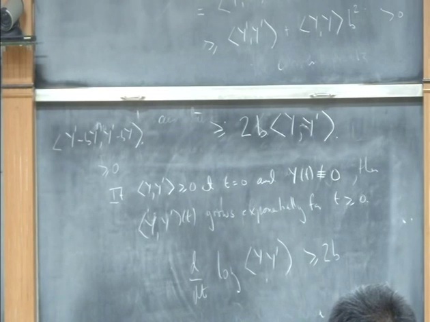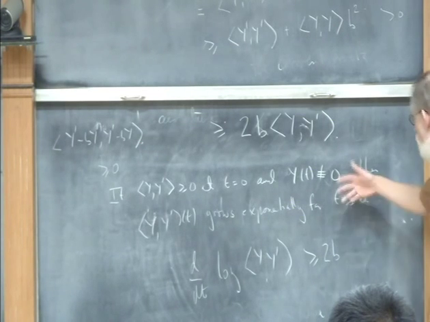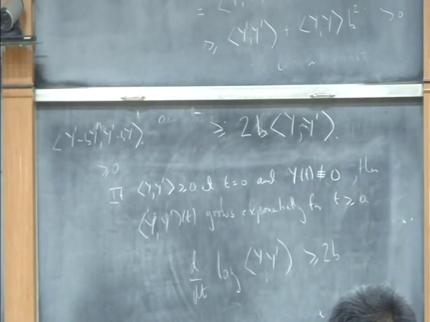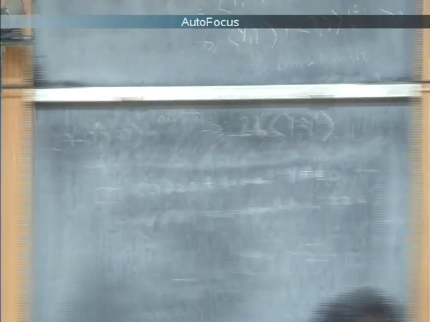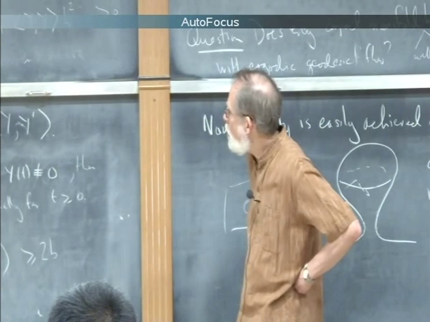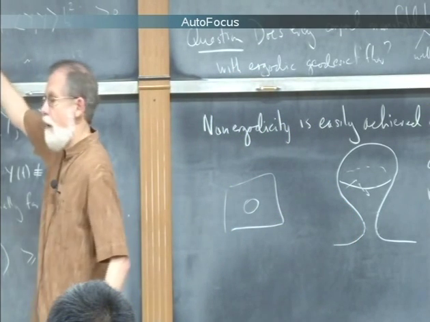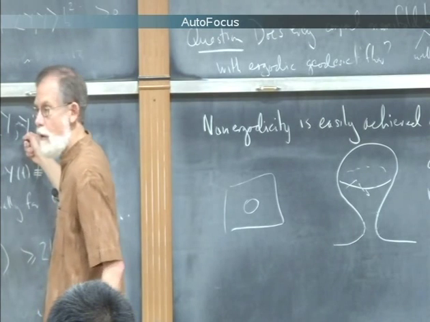So we get exponential growth, and we get a uniform. We get that the rate is at least 2b. So we know something about how fast this quantity grows.